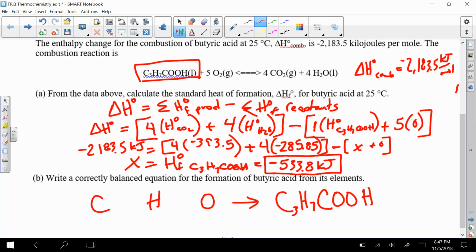If we look at carbon, we have 3 atoms of carbon, so if we put a 3, that balances that. If we look at the hydrogens, we have 8 total hydrogens, and we know hydrogen comes as a diatomic element, and so if we have 8 of them, a 4 will balance that.